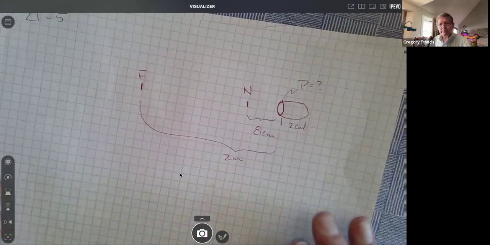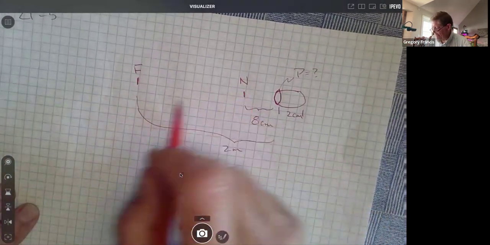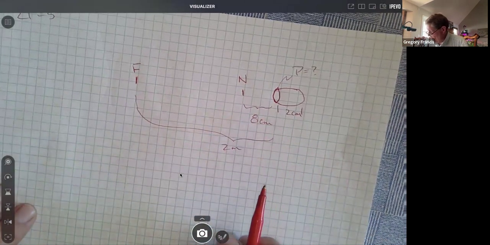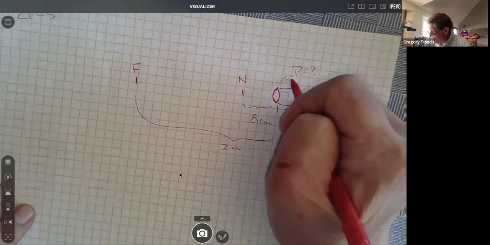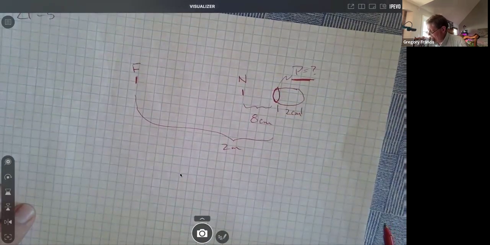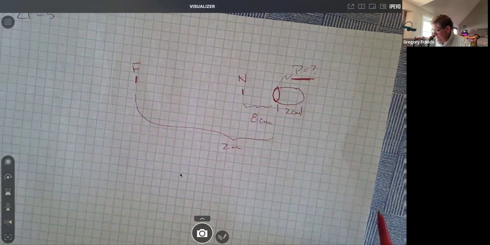This fifth problem deals with the near point and far point of a child. And we're looking for the different values of power for the lens in this child's eye.